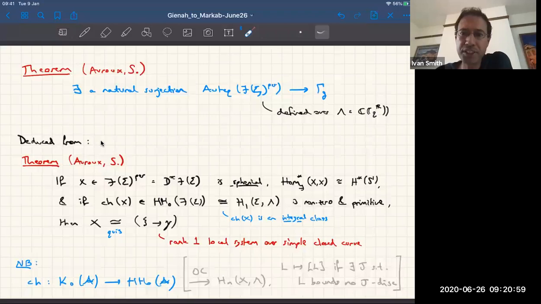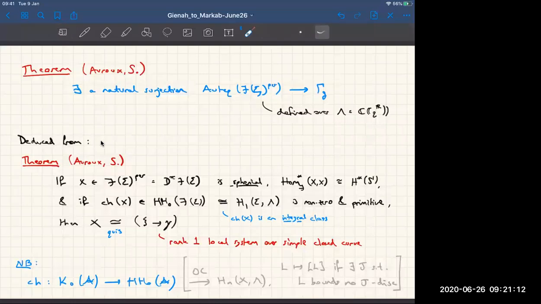Well, there are, of course, spherical objects that have zero Hochschild homology classes, like a separating curve. So if you mean non-zero and imprimitive, then no, I don't have an example. Thank you.